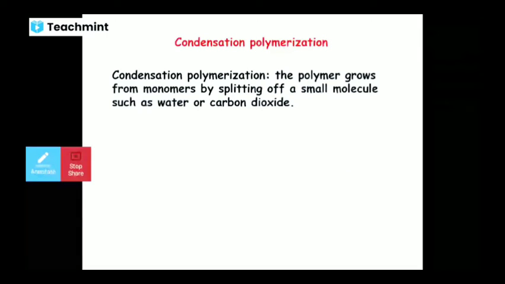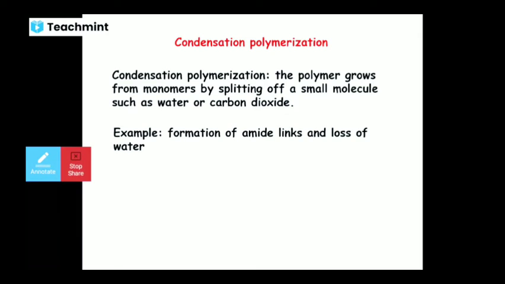Condensation polymerization. In condensation polymerization, the polymer grows from monomers by splitting off a small molecule such as water or carbon dioxide. Yes, the water is split out or removed from the polymer. Those are called condensation polymers.